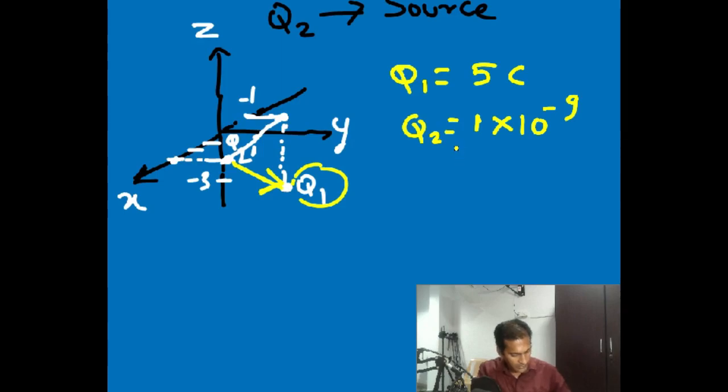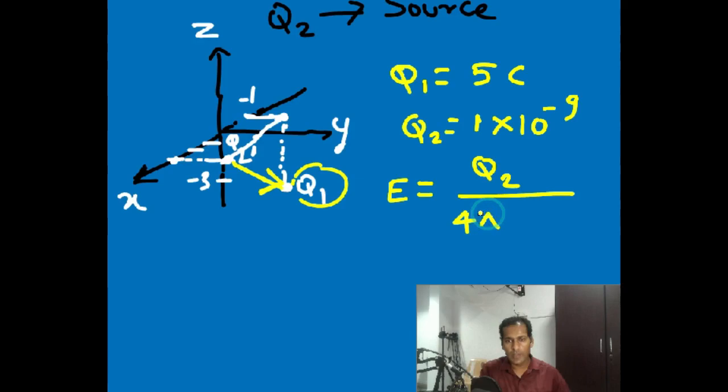So these are the given values. The available formula: electric field intensity is equal to Q2, the source, divided by 4 pi epsilon naught r square into AR cap.